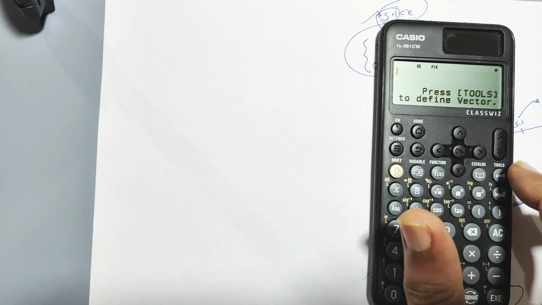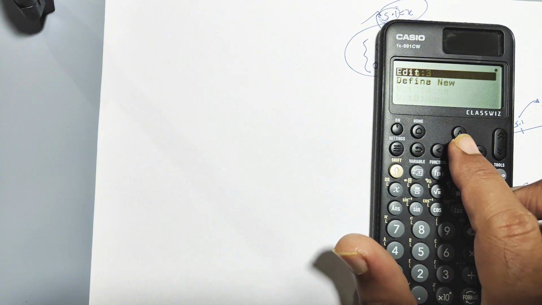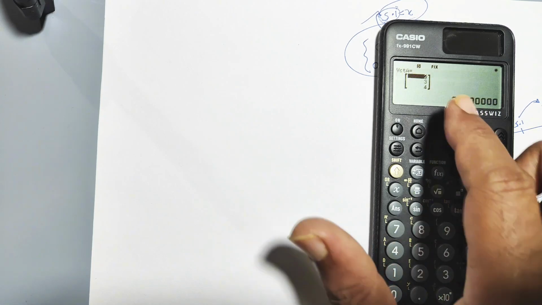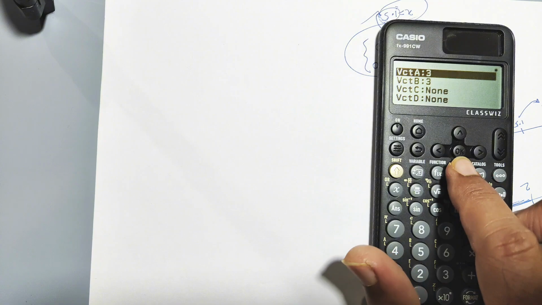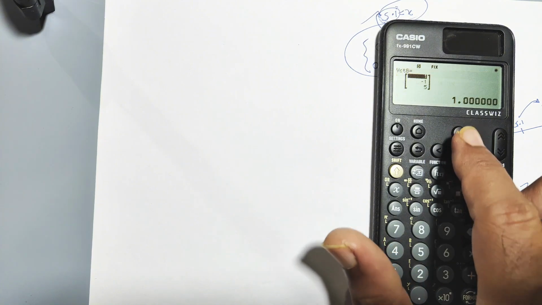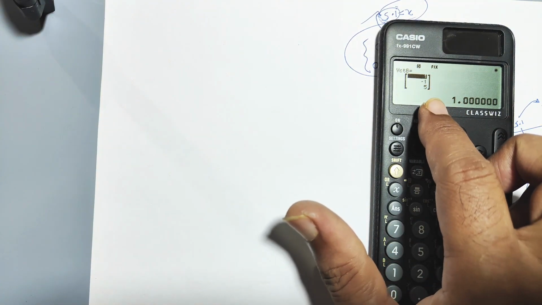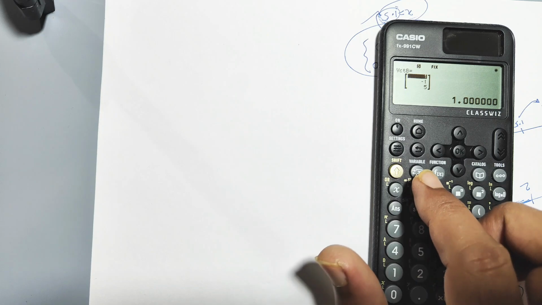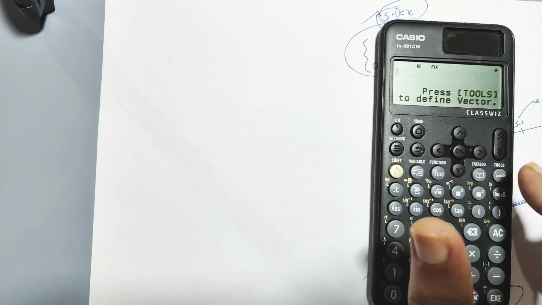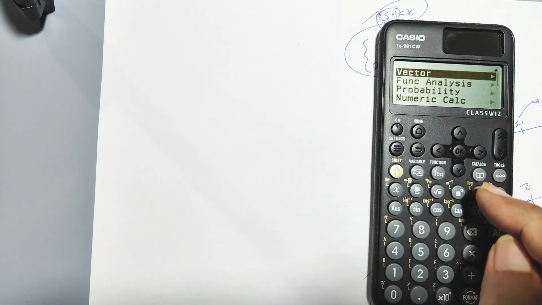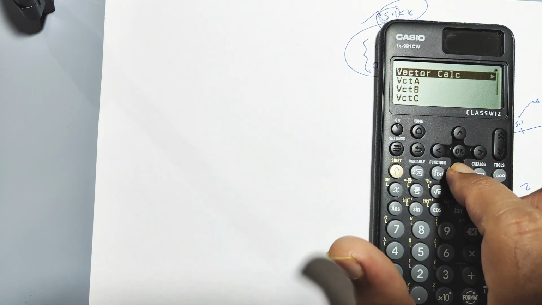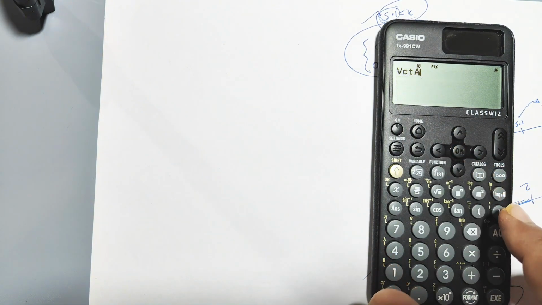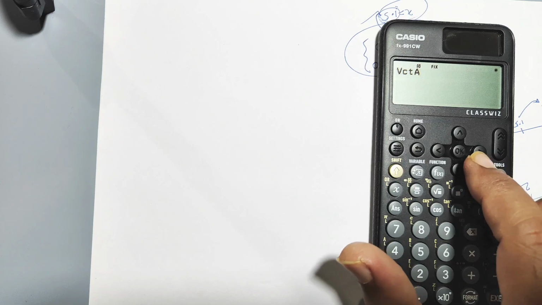And when you define vector A, see, 2, 3, 4, that means 2i plus 3j plus 4k. And when you define the vector B as 1, minus 1, 5, that is i minus j plus 5k. Right. So 2 vectors are already there. You press catalog, you have vector operations, press OK, vector calculations, vector A. And the dot product also you can do.